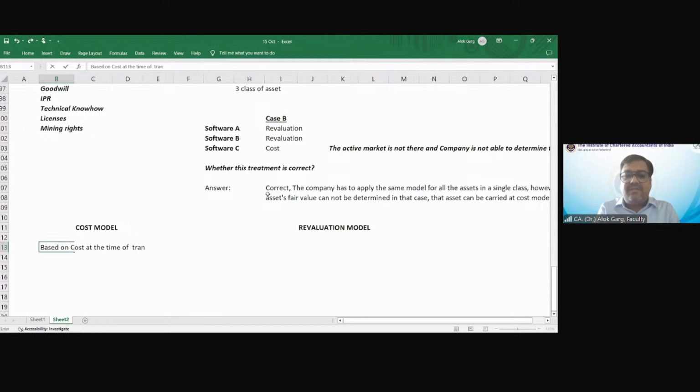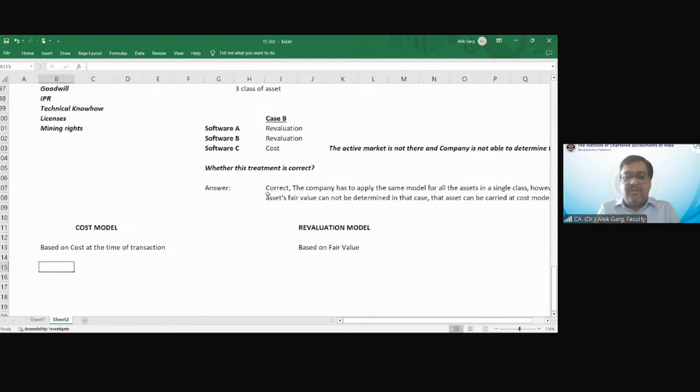At the time of transaction means historical cost. This model is based on fair value. Fair value. Okay.